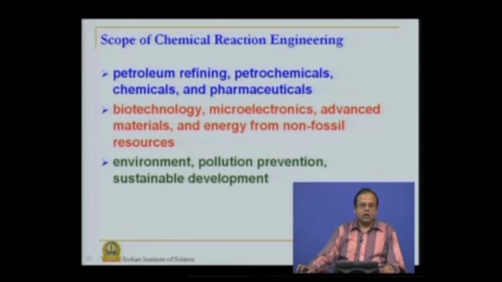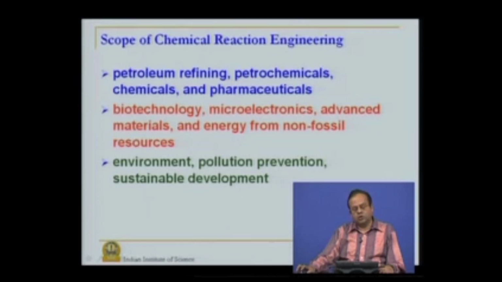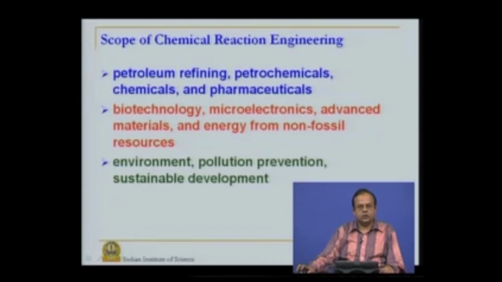For example, traditionally people are used to thinking of chemical processes concerning only fossil fuels. So, anything and everything that has to do with petroleum refining, petrochemicals, several other chemicals, pharmaceuticals and so on. That has been the traditional concept of chemical reaction engineering or chemical processes.